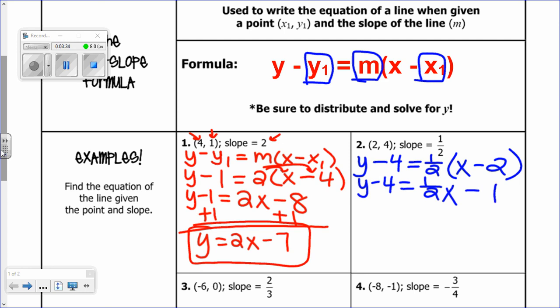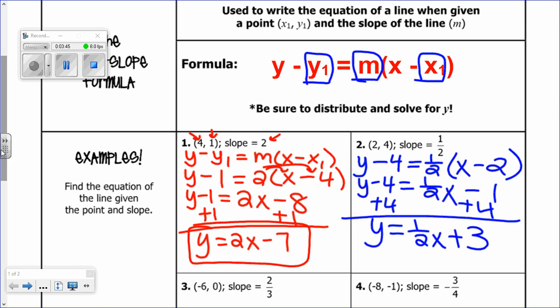And now we solve for y. So we're going to add 4 to both sides. So we're left with y is equal to 1/2 x plus 3. So now this is the equation that has a slope of 1/2 that goes through the point 2, 4.